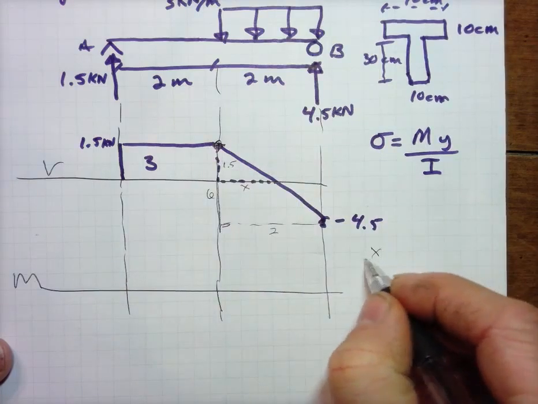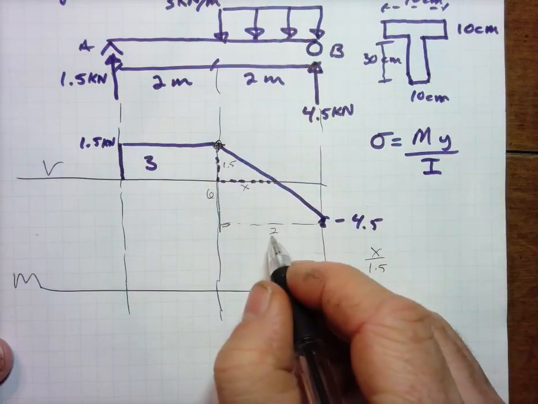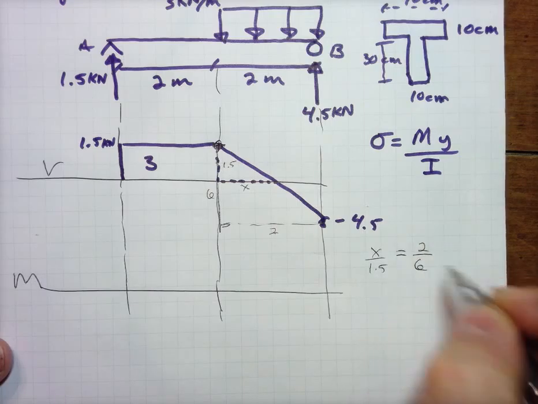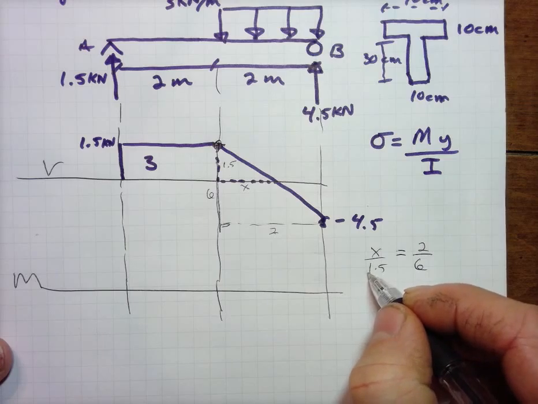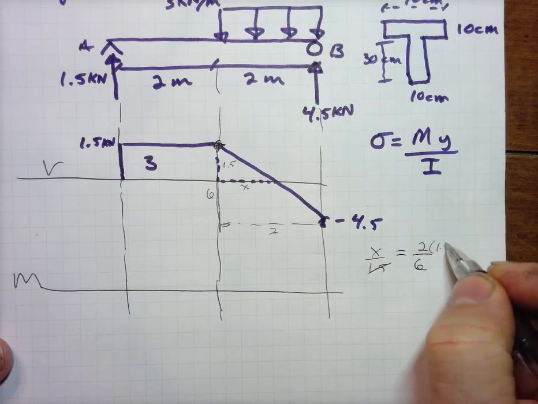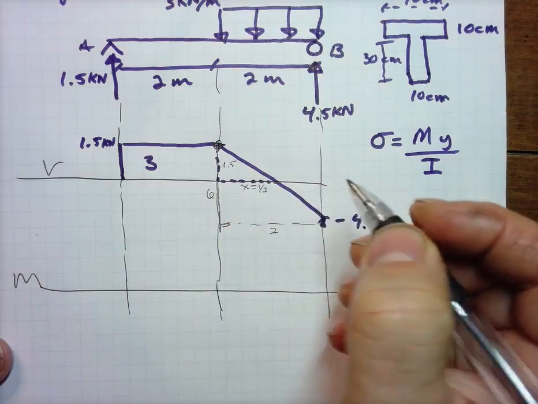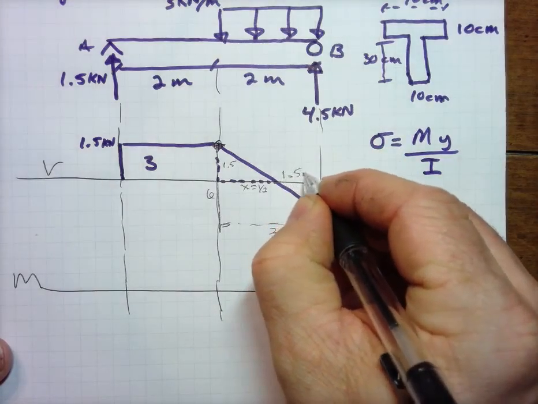So x is to 1.5 as 2 is to 6. And that allows us to multiply both sides by 1.5. 2 times 1.5 is 3. 3 over 6 is a half. So x equals a half a meter. And that means this will be 1.5 meters.